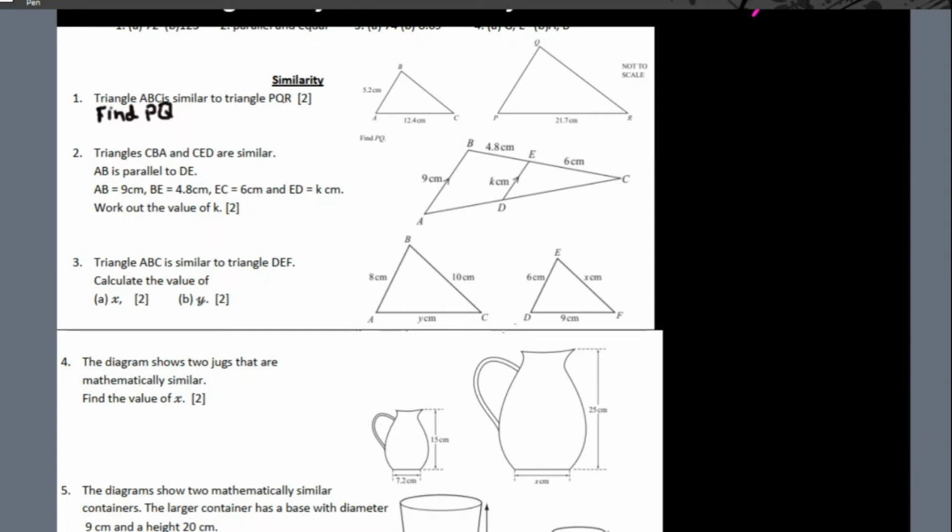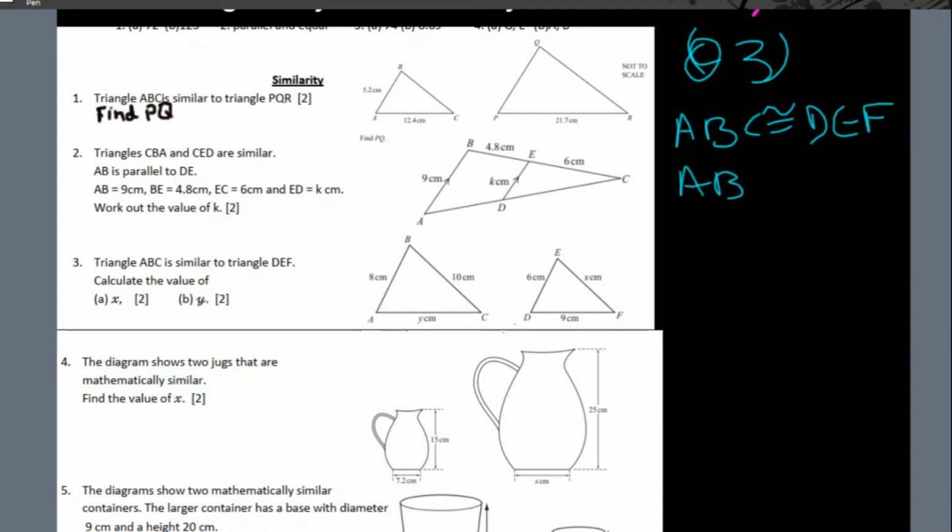Then we have question number 3. Triangle ABC is similar to DEF. So again, ABC is similar to DEF. Make the ratios. AB over DE equals BC over EF equals AC over DF.